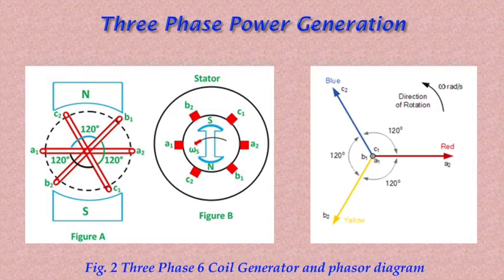Most modern larger generators have a stationary stator coil with three rotating current carrying conductors, or rotor, or revolving field. In figure 2, NS is the stator coil and A1, A2, B1, B2, C1, C2 are rotor coils. These three rotor coils are placed 120 degrees apart from each other as shown in the figure.